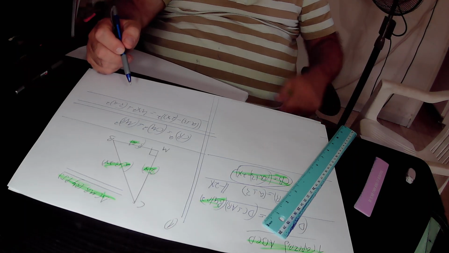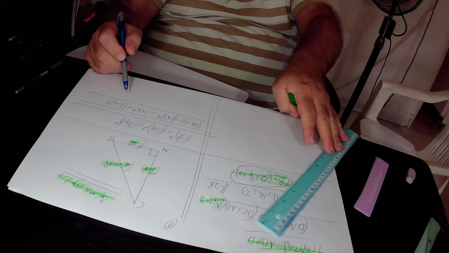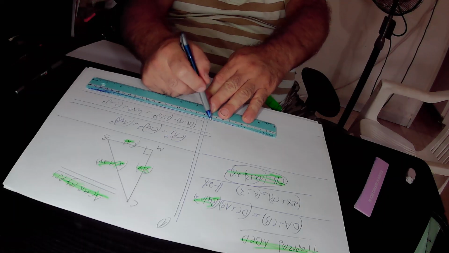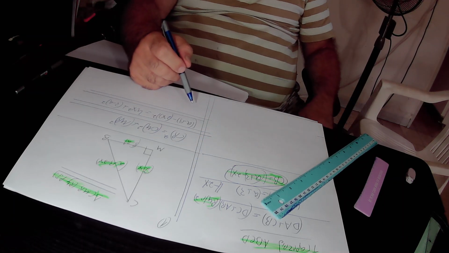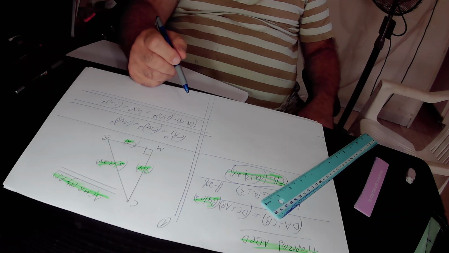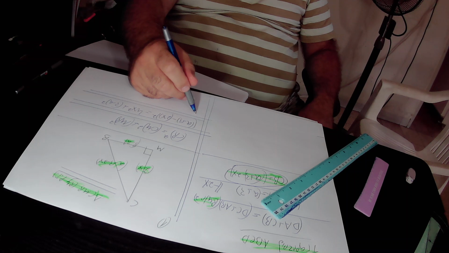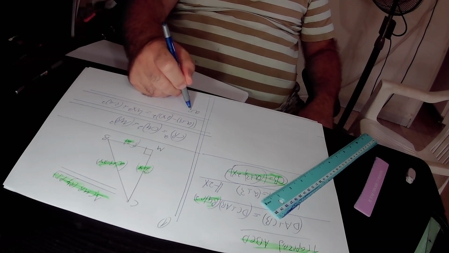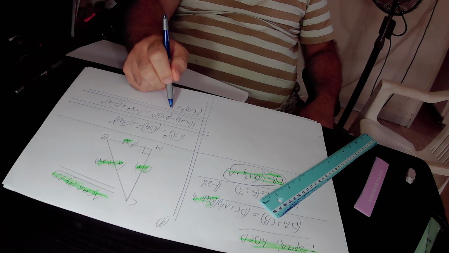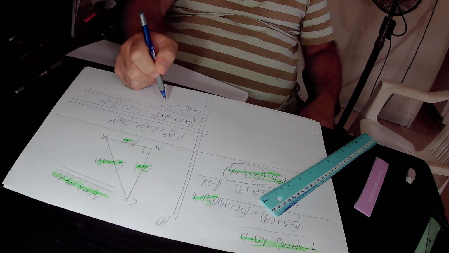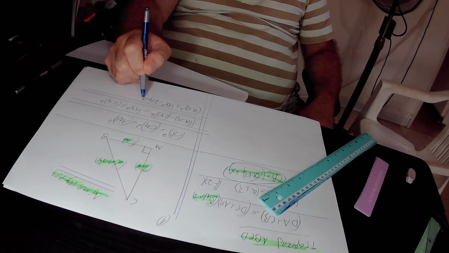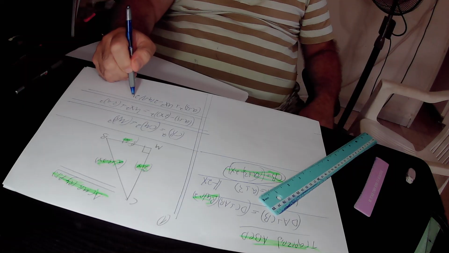Here we'll open the brackets on both sides of this equation according to the algebraic identity that (A minus B) squared equals A squared plus B squared minus 2 times A times B. So (A plus 3 minus 2x) squared will be equal to (A plus 3) squared plus (2x) squared, and (2x) squared is 4x squared, minus 2 times (A plus 3) times 2x.